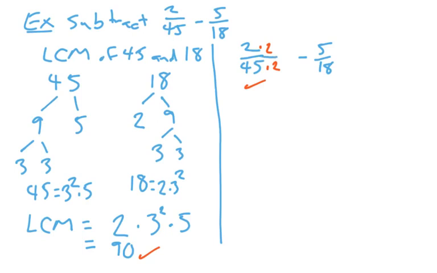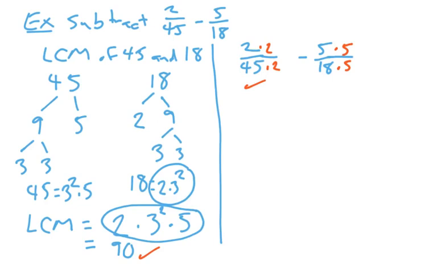What to multiply the 18 by may not be quite as easy to see. So look at how 18 is factored and compare it with how 90 is factored and see what's missing. You've got the 2 and the 3 squared, but you're missing a 5. So if it wasn't totally obvious to you, looking at the factorizations tells you that you should multiply the numerator and denominator by 5.